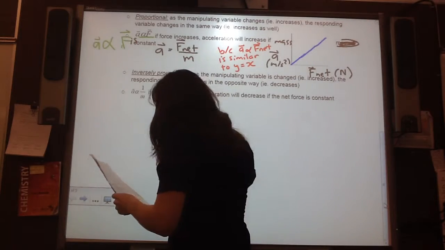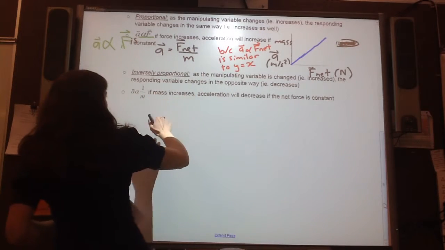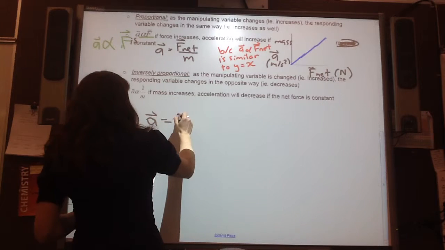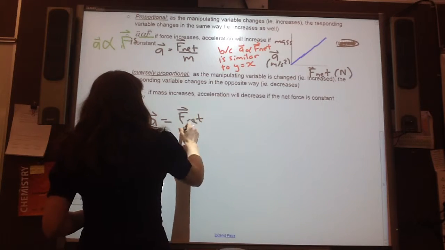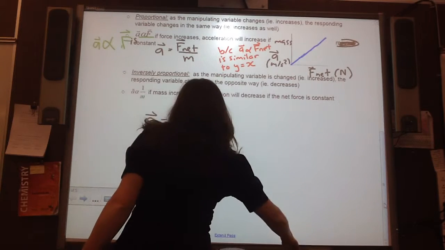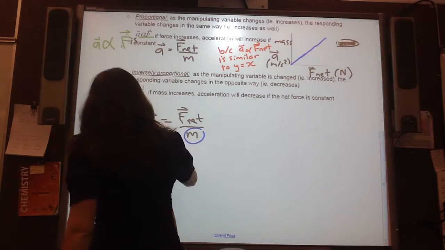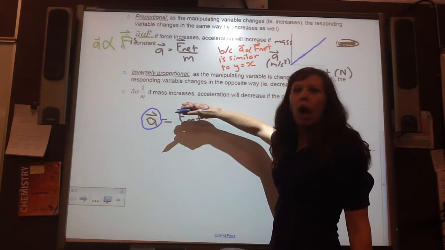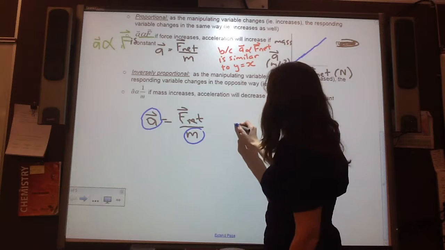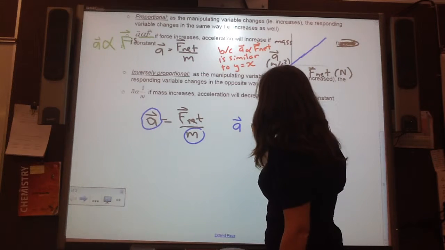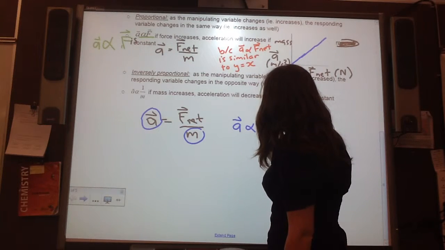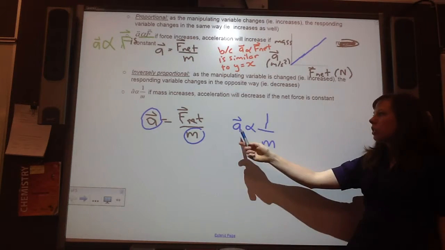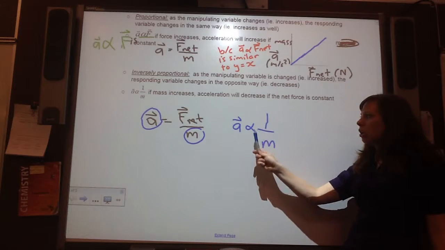So when we look at just A compared to M, if I just look at my formula, A equals F net over M, and I want the relationship between A and M, I set F net to 1 because it's constant. So I say A is then proportional to 1 over M. So it's 1 divided by M. So it's inversely proportional.